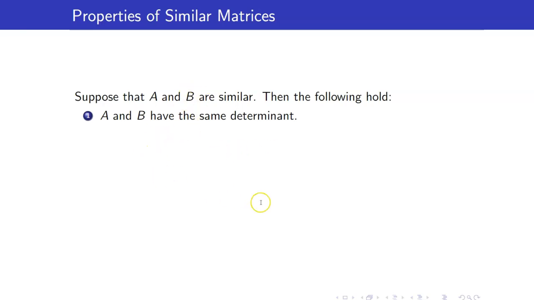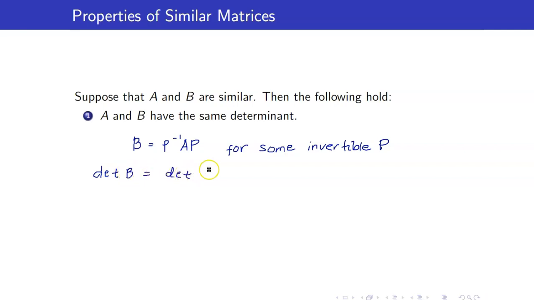Why is this so? Our hypothesis here is that A and B are similar, so that means that B is equal to P inverse AP for some invertible matrix P. If we now get the determinant, we have the determinant of B equals the determinant of P inverse AP.